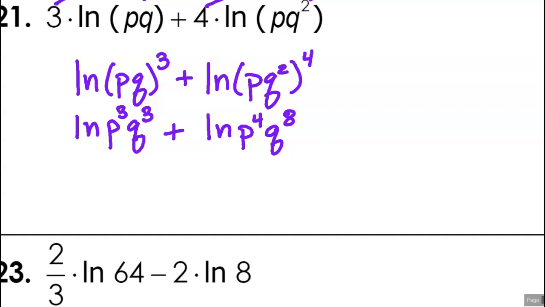So now we're trying to condense into a single log. You could, if you wanted to, expand this into the ln of p cubed plus the ln of q cubed. But we're trying to condense. How do you take these and condense into a single log?